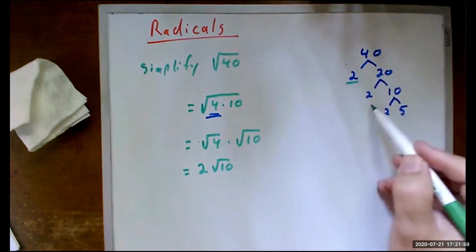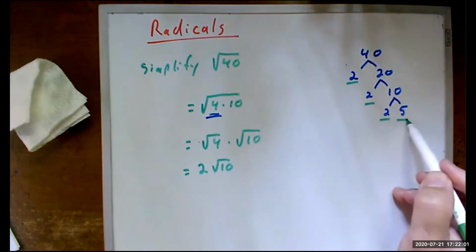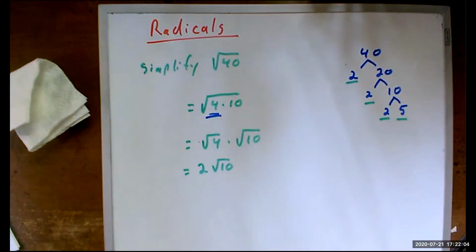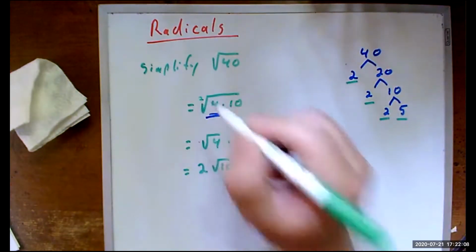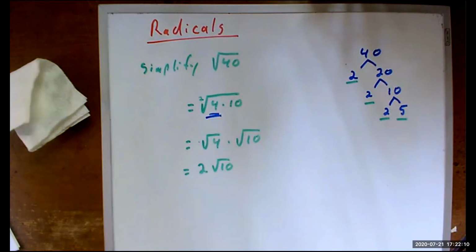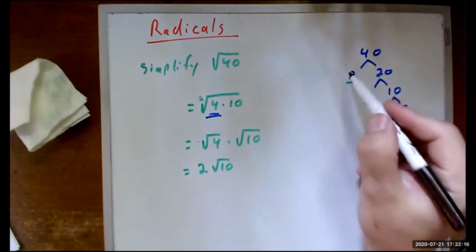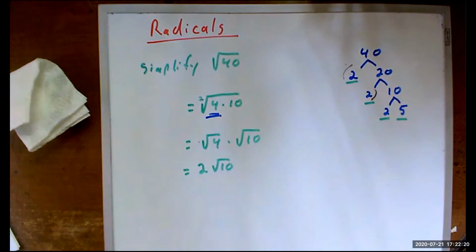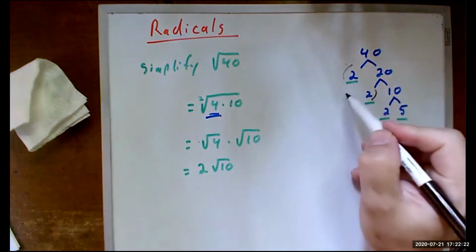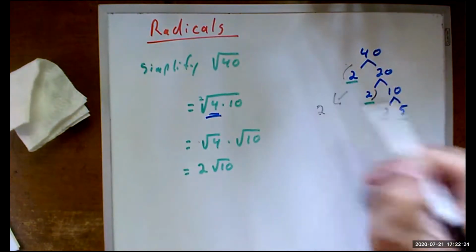Ultimately, these are the numbers that I'm interested in, the ones at the end of the branches, and I'm looking for pairs of numbers. Okay? Because of the implied 2 there, I am looking for pairs of numbers. There's a pair of numbers. There's a pair of 2s, so I can bring those out and just call those one of the 2s.